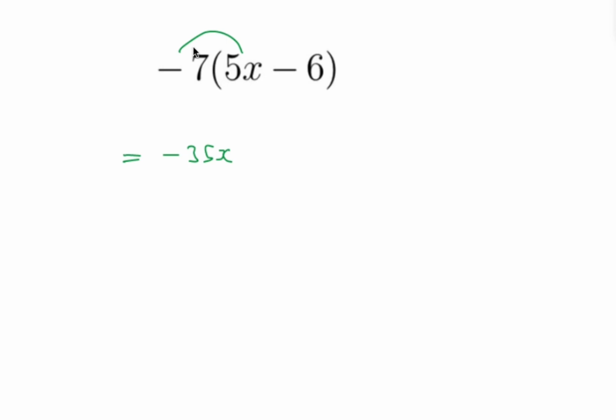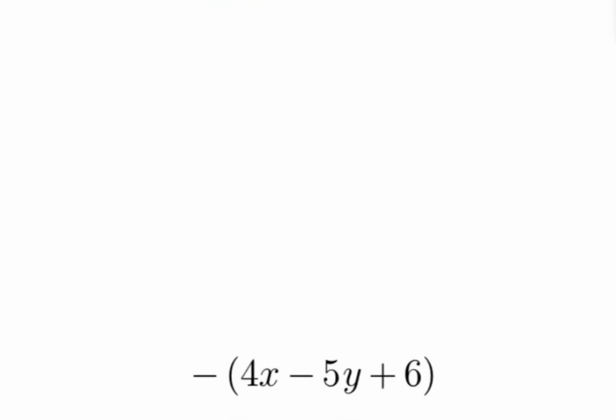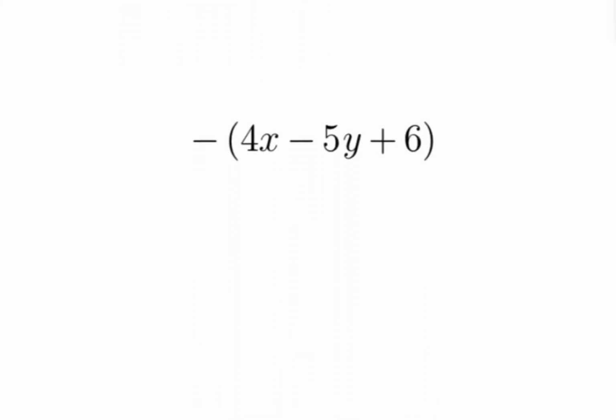And -7 multiply with -6, it will be positive 42. Because negative multiply with positive, answer is negative. Different sign, answer is in negative. Same sign, answer is in positive. I can share my video link, integer and PEMDAS.